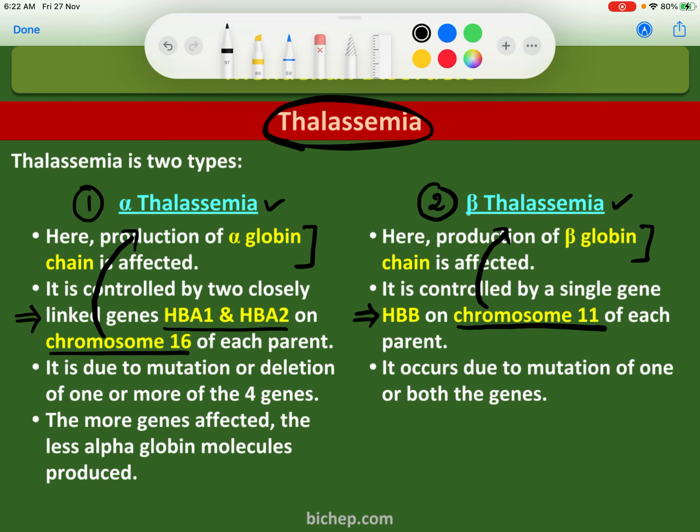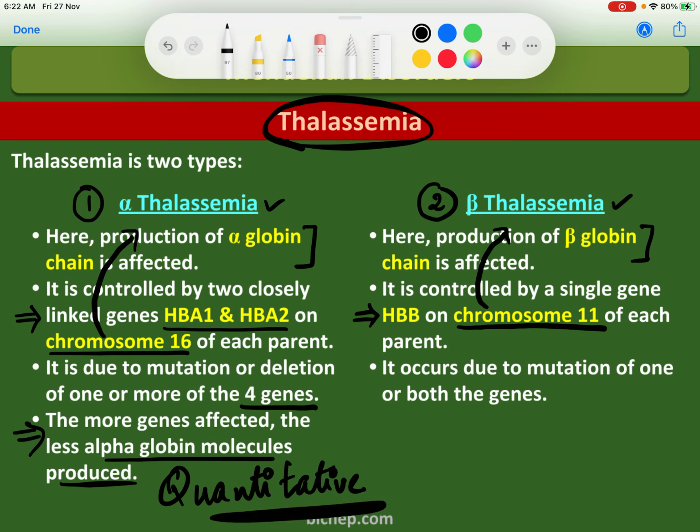Alpha thalassemia is due to the mutation or deletion of one or more of the 4 genes, 2 pairs of genes. The more genes are affected, the fewer alpha globin molecules can be produced. So that is why it is a quantitative disease rather than qualitative.